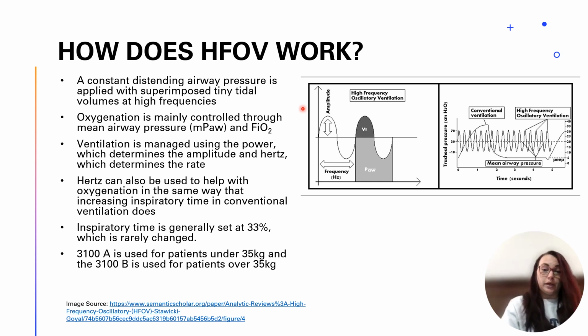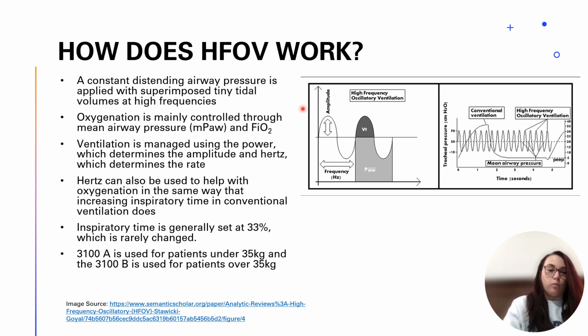A backdoor way to help with oxygenation is also using your hertz, in the same way that lengthening your I time would work in conventional ventilation. If you decrease your hertz and give yourself a longer inspiratory window, that can also help with oxygenation. Your I time is generally set at 33% and it's rarely changed. In the 9 years I've been practicing, I've never changed the I time on an oscillator.